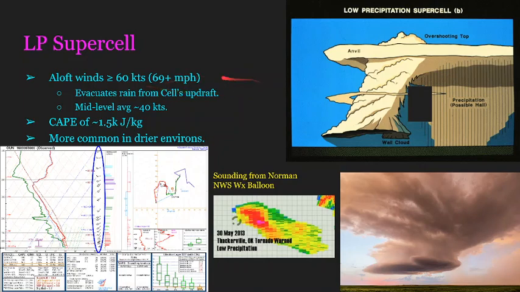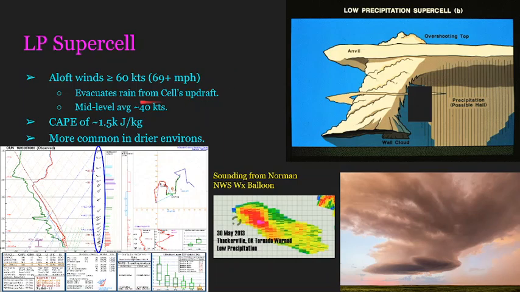These high winds completely erase all of the rain from the cell's updraft, either pushing it further away, which creates a very small forward flank region, or completely wiping it away so there's 100% no rain with this cell whatsoever.